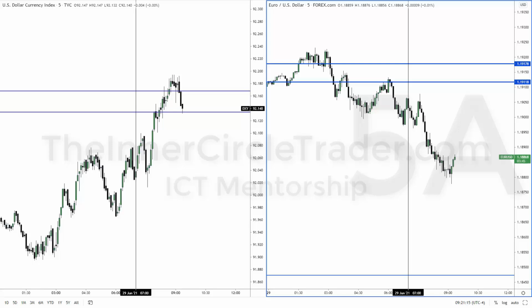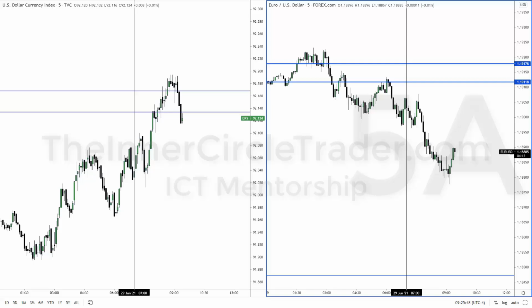Alright, now we're trading down into the discount low of that SIBI on the hourly chart of the dollar index. That's the levels that's been shown here.